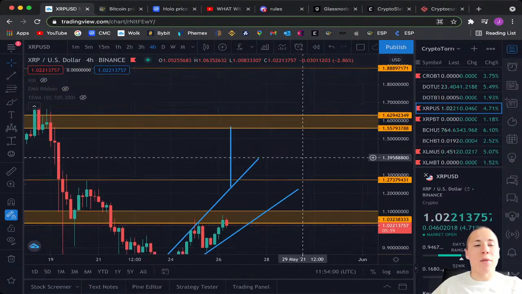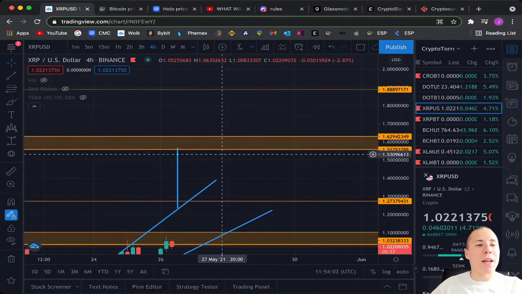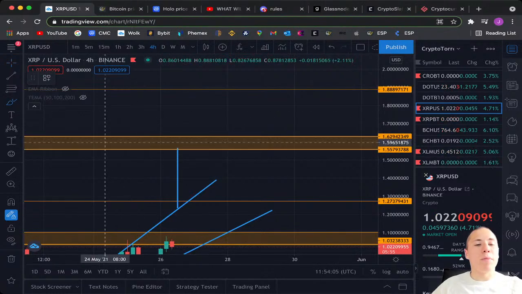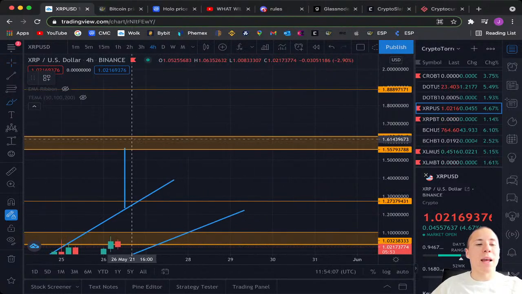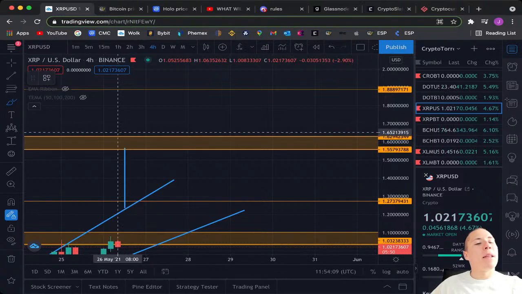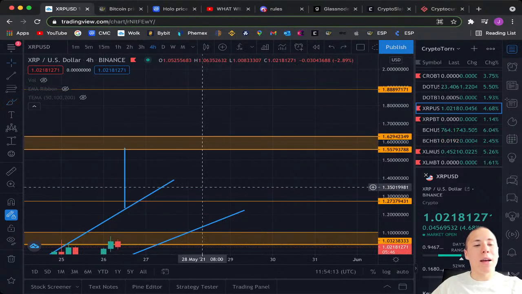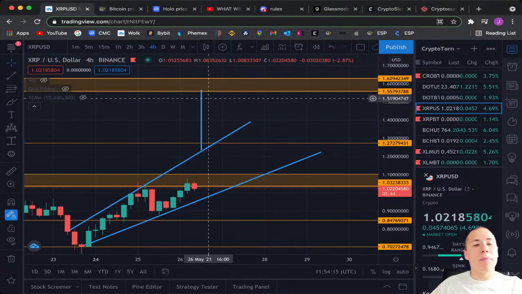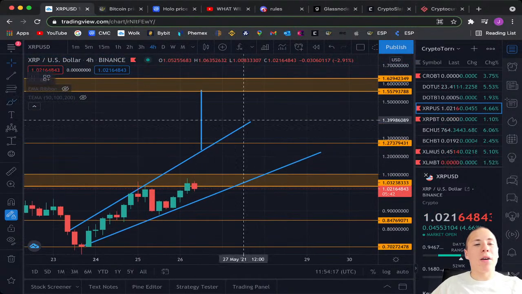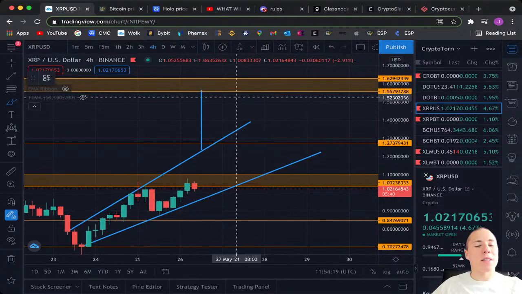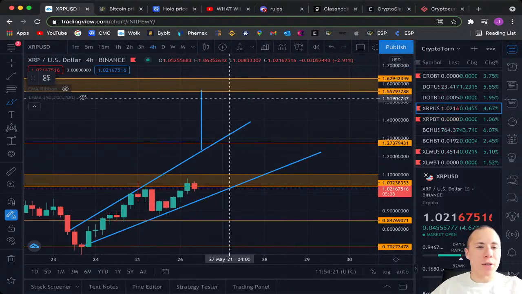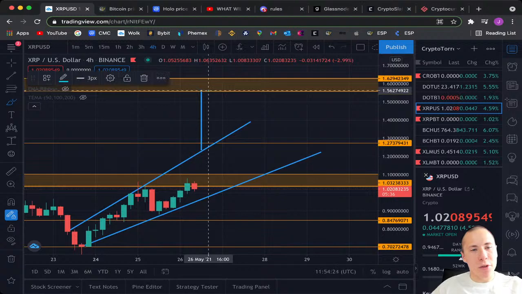If XRP is able to break above or inside the orange box, that would be absolutely marvelous, because then we would be seeing XRP finding support on top of it and heading even further up. But right now, I personally think that we could possibly be getting rejected by the orange box because it served as a major level of support and resistance, as you could see before, because we had several touch points.